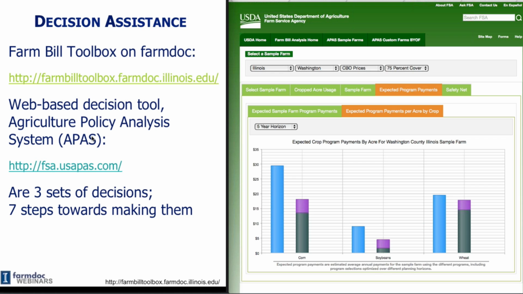If you have an AGI over $900,000, you will not be eligible for commodity program payments. And the $125,000 per individual or per entity payment limit does apply. It's the aggregate support received from all of the programs. So again, depending on the decisions you make, you could have crops on some farms enrolled in PLC, crops in other farms, or even on the same farm enrolled in ARC County.